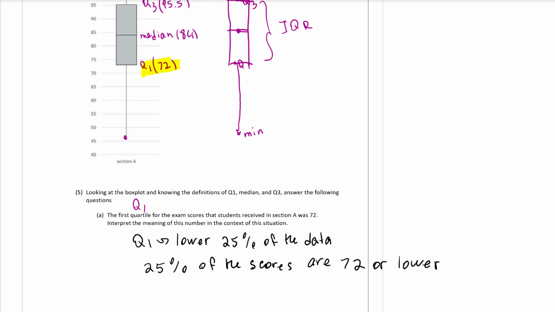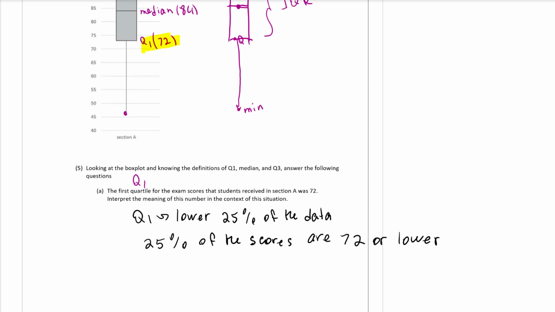You understand? So that's the cut for the lower scores. That means that the other 75% of the scores, on the other side, are higher than 72.